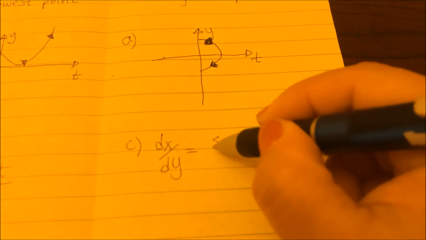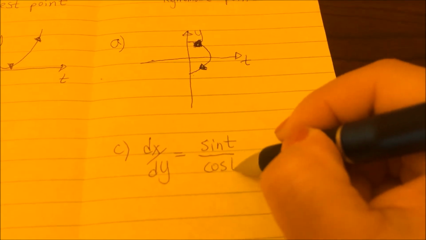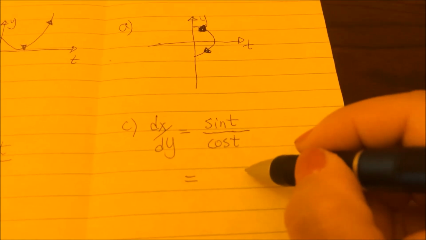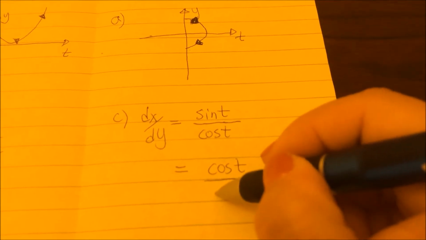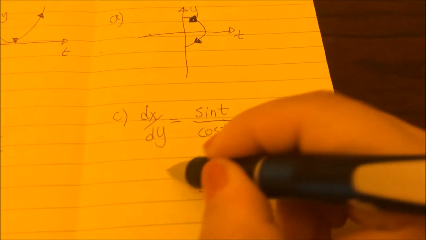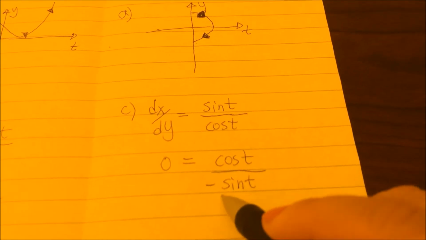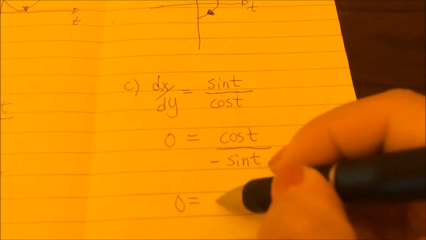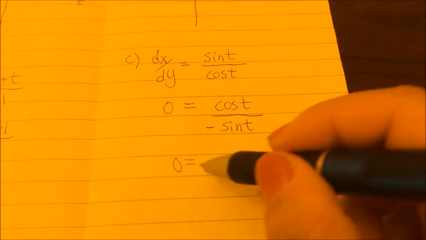So we're going to put in sine t all over cosine t, and then we can go ahead and do the derivative. So derivative of sine is cosine t, derivative of cosine is negative sine t, right? And we're going to set it equal to 0 to solve for it. So if I bring the sine over to the other side, 0 times anything is 0, so 0 is equal to cosine t. So then we're asking ourselves when is cosine equal to 0?